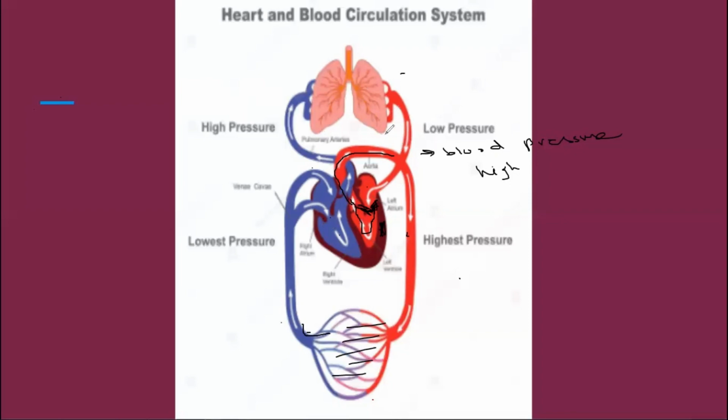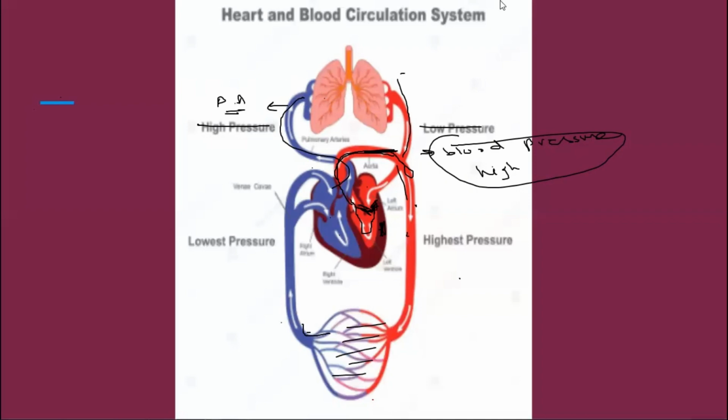This is the reason that in the aorta, the blood is flowing at a very high pressure, and in the pulmonary artery, the blood is coming at a very low pressure. The blood is going at a very high pressure through the aorta to the entire body, and the blood is going to the lungs via the pulmonary artery at a low pressure so that the lungs can remain protected.